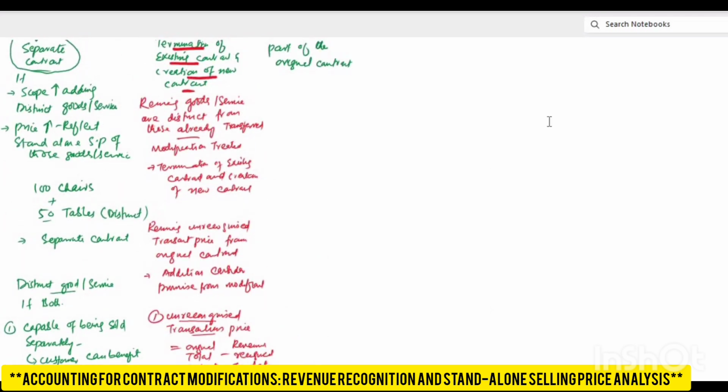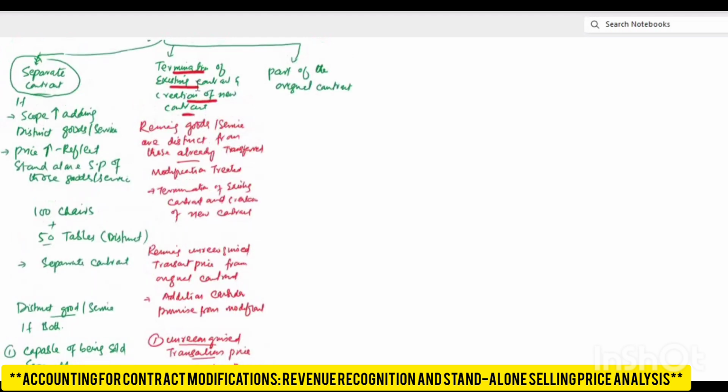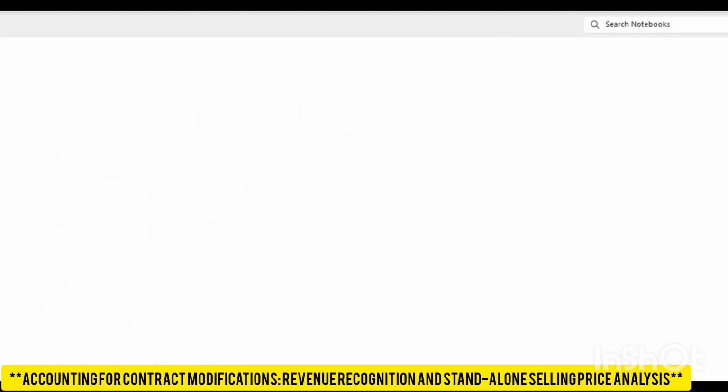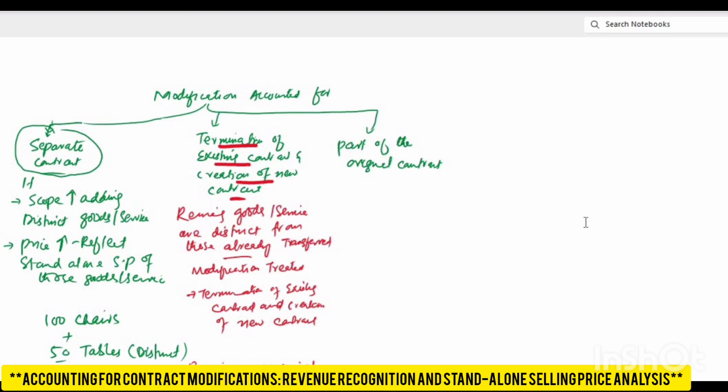First you understand that when the modification is not treated as separate contract, then it will be treated as a termination of the existing contract and creation of new contract. For the creation of new contract, you have to follow 5 steps or you may say 4 steps.